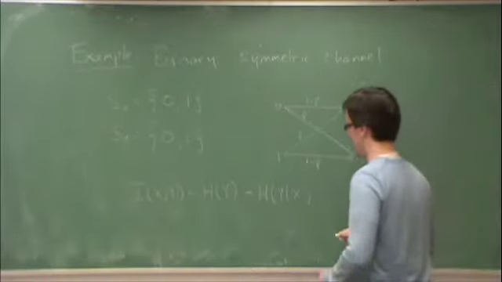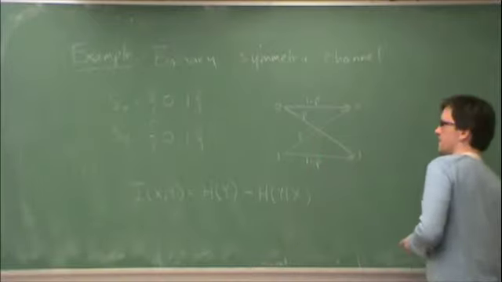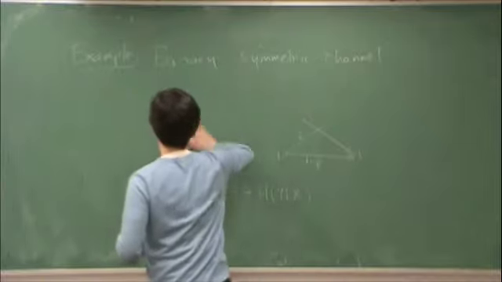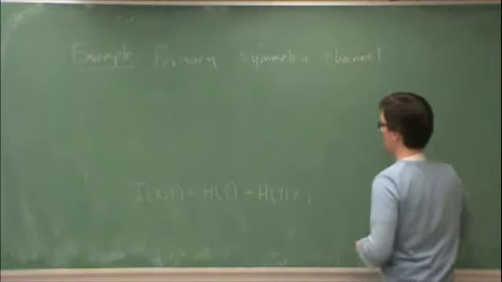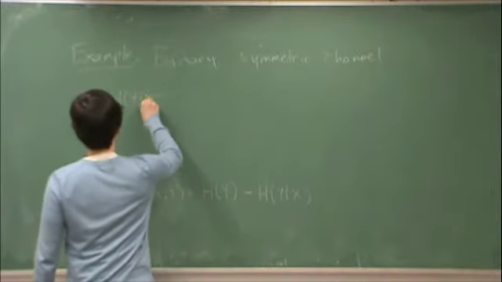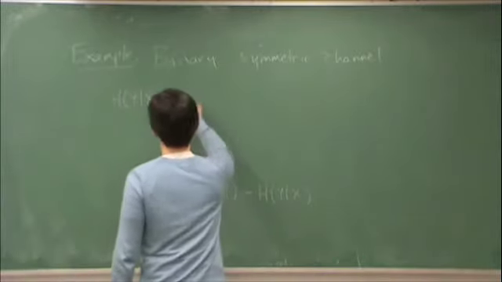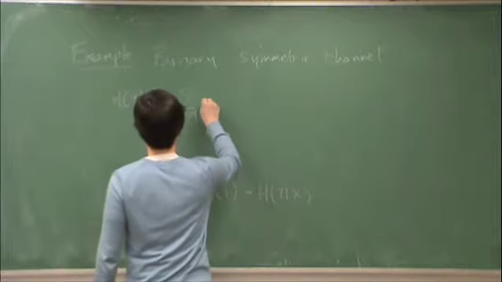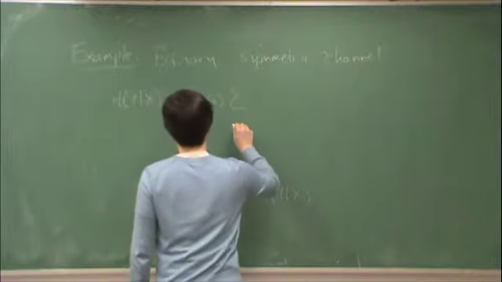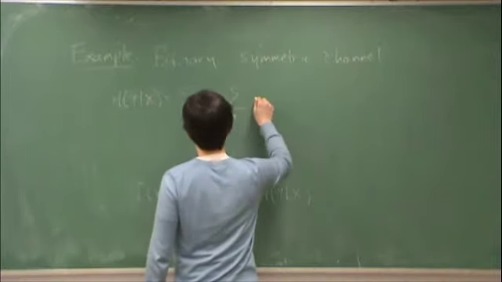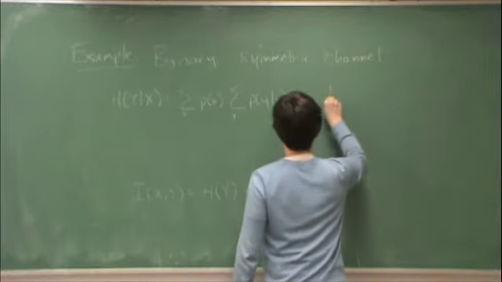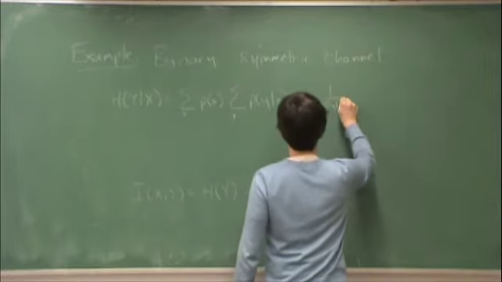So first let's write H(Y|X). H(Y|X) is the sum over x, p(x), sum over y, p(y|x) times log 1 over p(y|x).